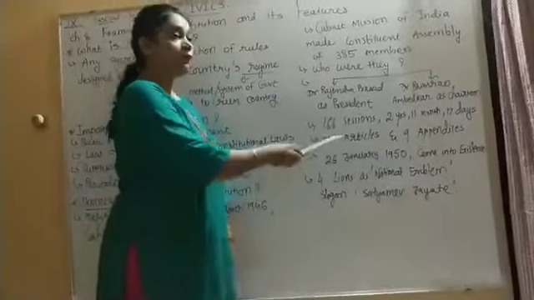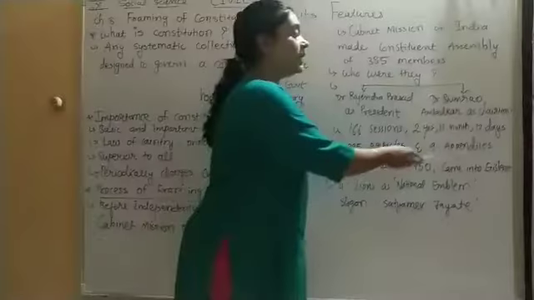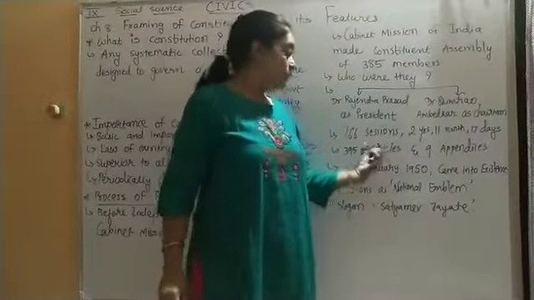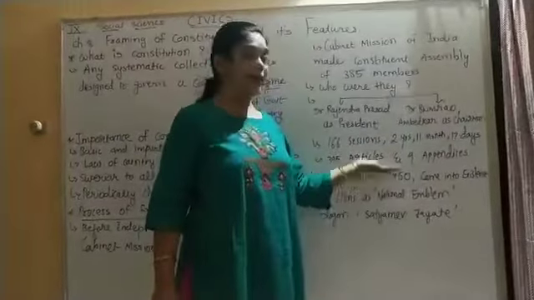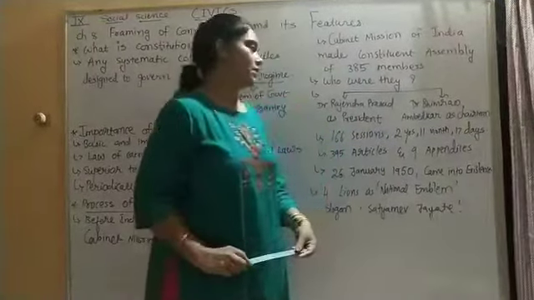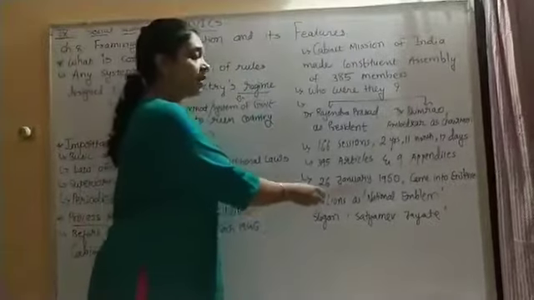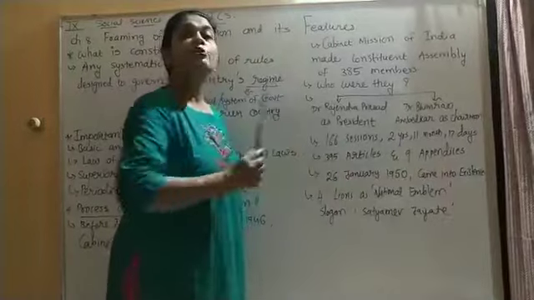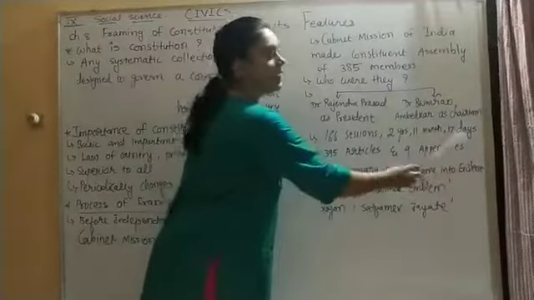Then after, there were 395 articles and 9 appendices. 395 articles, yani sections the, and they had 9 different subsections. And at last, students, 26 January 1950, which we celebrate as Republic Day, came into existence.